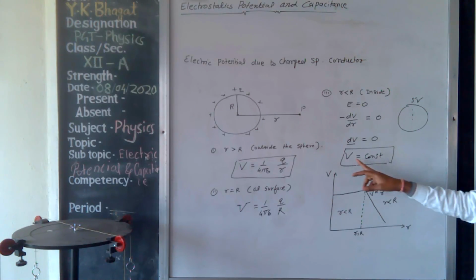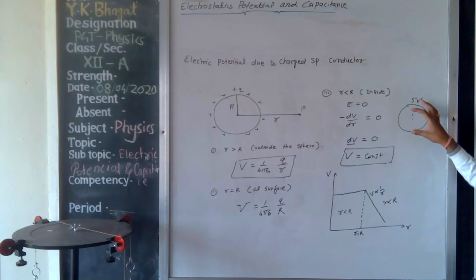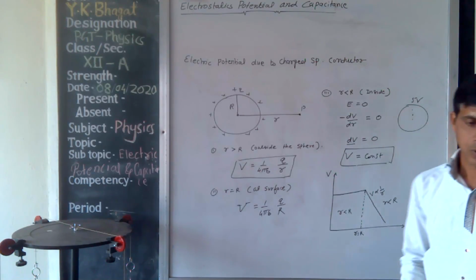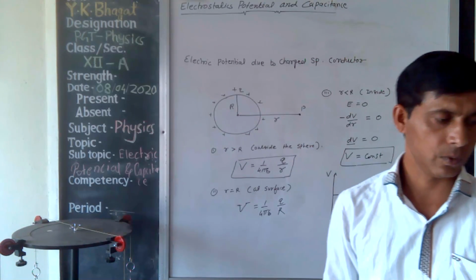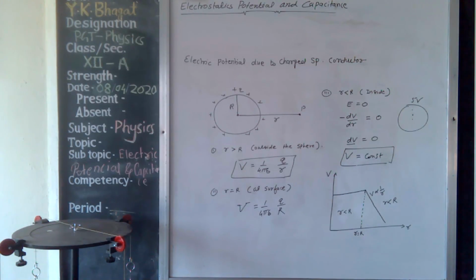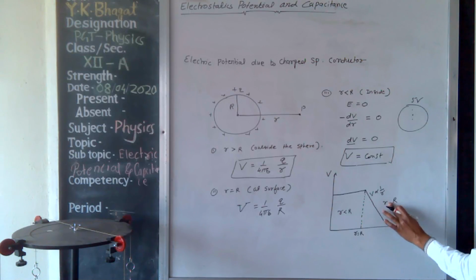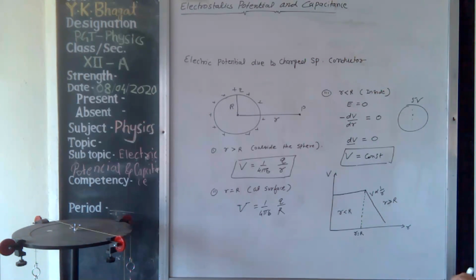Why? Because potential is constant inside the conductor. Okay, now this point is r greater than R.